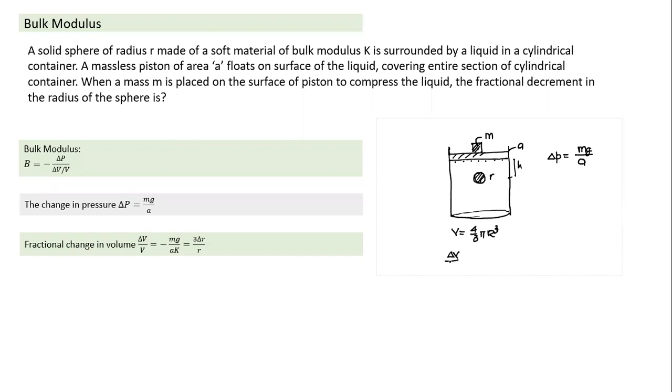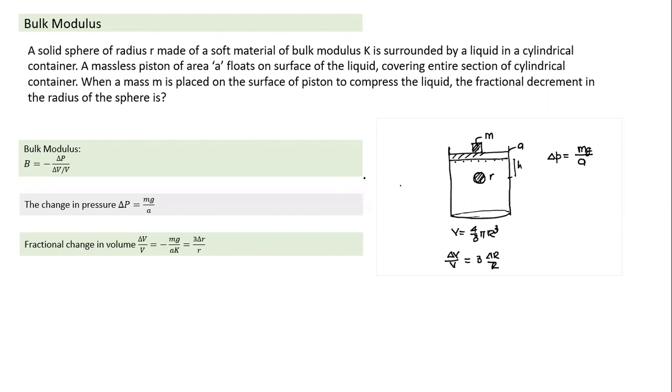Fractional change in volume will be equal to 3 times delta r by r. Since I need the fractional decrement in radius of the sphere, I get delta r by r as this whole number divided by 3, and the negative sign indicates a decrement. I get the value of the expression easily. So that's the application of bulk modulus.